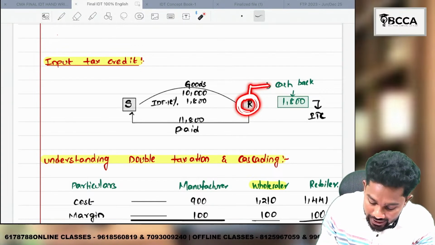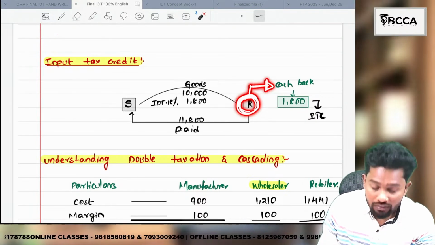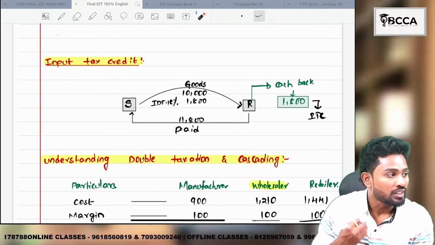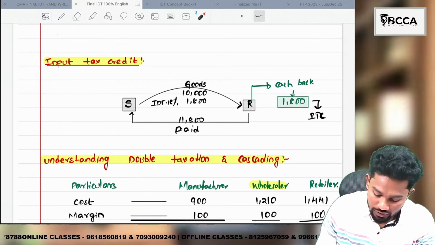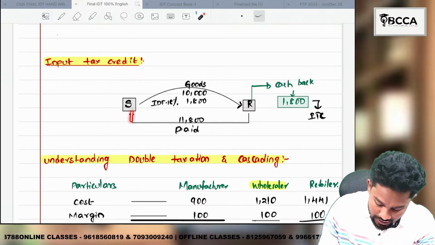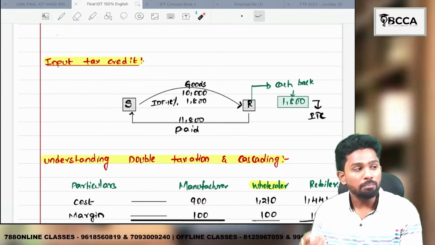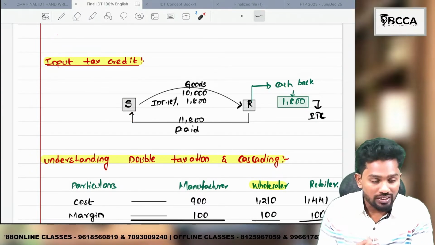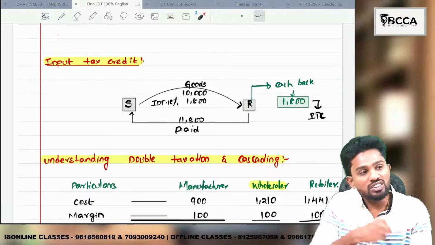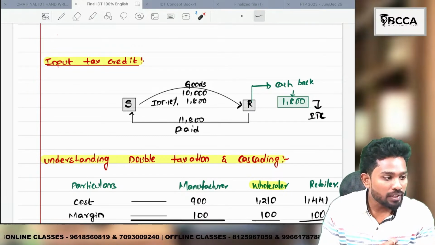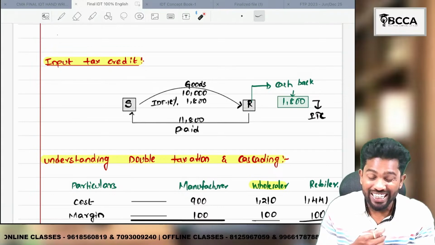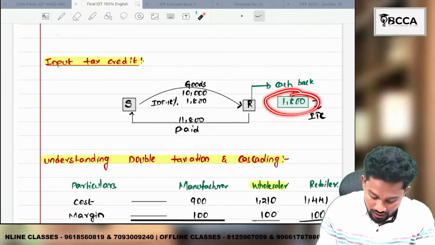The tax part on such inward supply can be availed by the recipient, taken back as credit, which we call input tax credit, ITC.